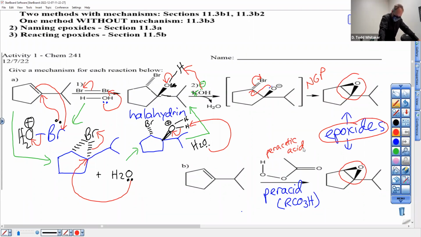So, you ready? The driving force here is to get rid of the OO bond. Because why? Anytime you have an atom with lone pairs bonded to another atom with lone pairs, that is the most reactive feature of the molecule. It's called lone pair repulsion.